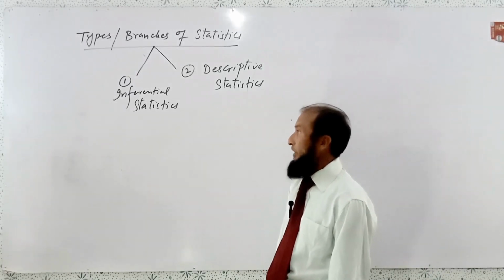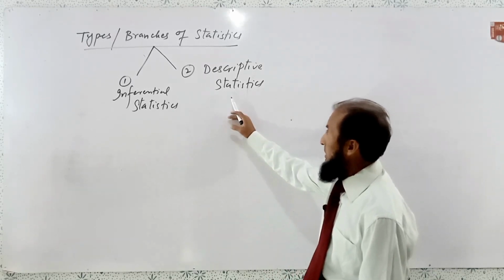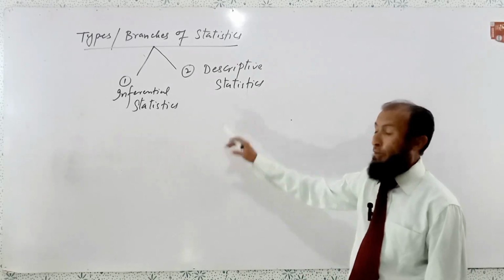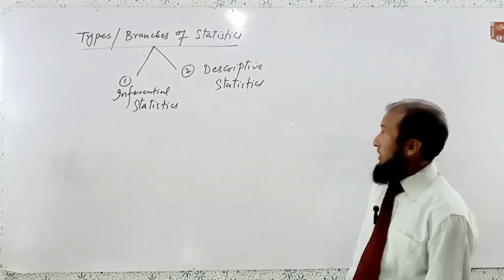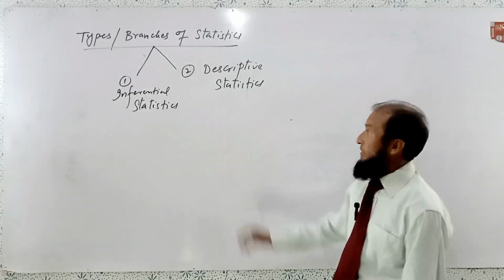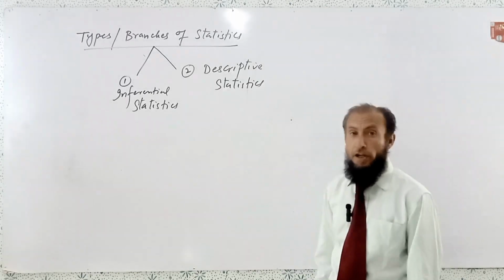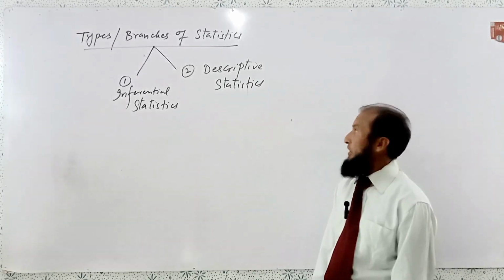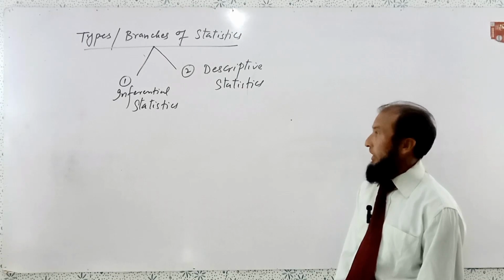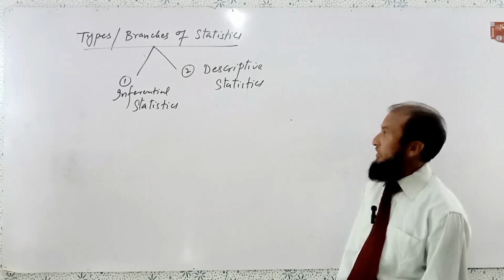And descriptive statistics deals with the methods of drawing valid decisions in the form of classification, analysis, and interpretation of data. These are the two branches of statistics.